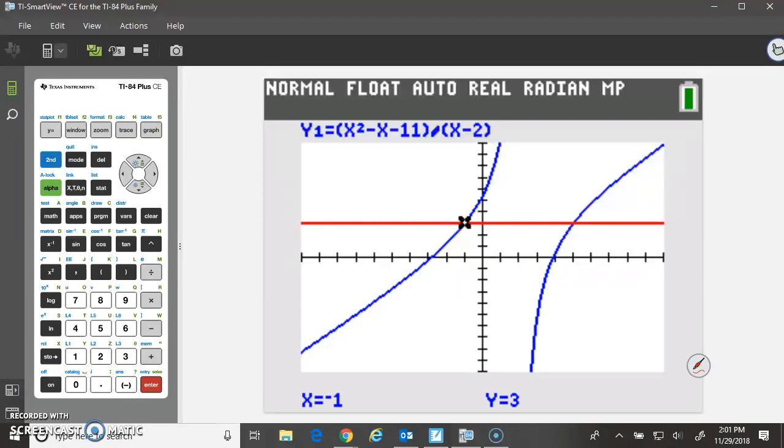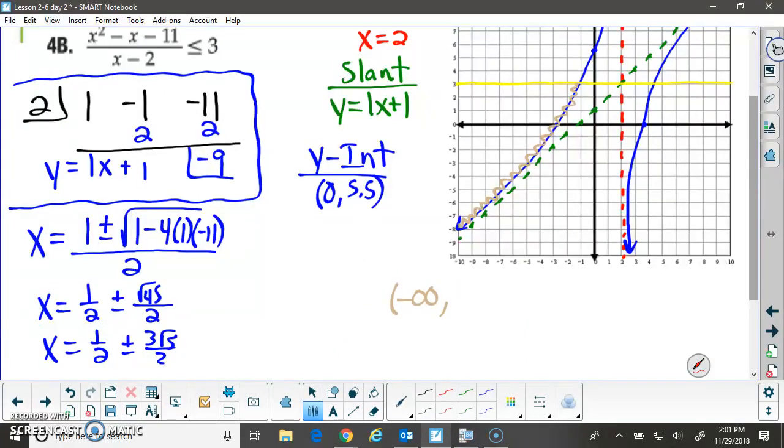Sure enough, there it is. So back on my graph, since I determined that this point right here is at -1, 3, so I've got negative infinity to -1. Now we also have the blue below the yellow right here from the asymptote until you get to that coordinate point.